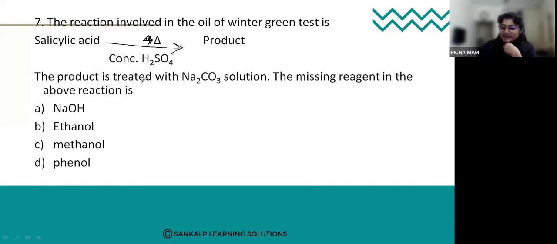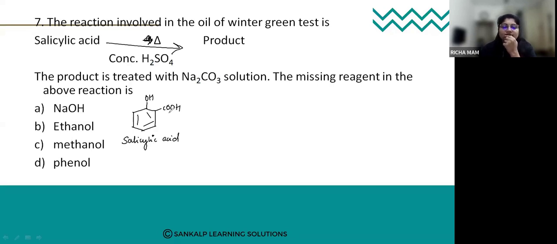Let me write the structure of salicylic acid. Salicylic acid has OH and C double bond O. So this is our salicylic acid.